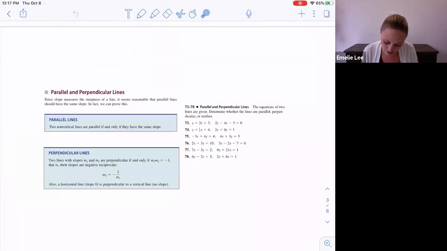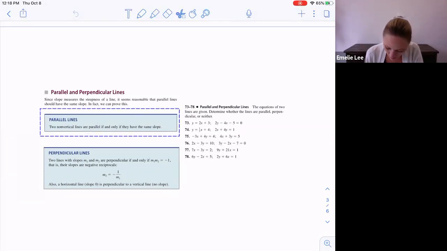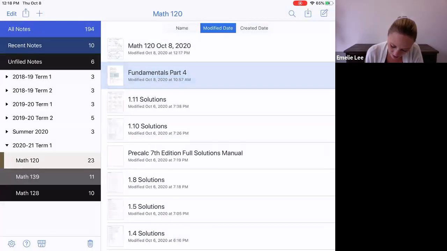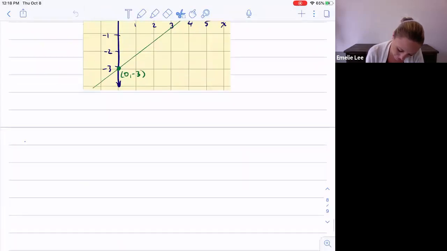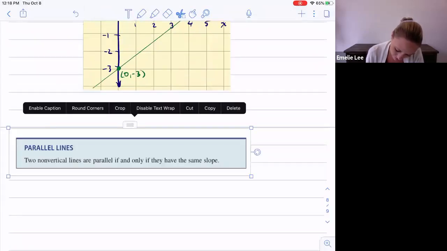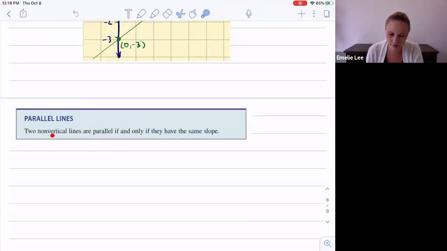parallel and perpendicular lines. So parallel lines are when you have two lines that go like this. So just by looking at them, the definition of a parallel line makes sense. It just says that two non-vertical lines, so let's just copy this in here. Two non-vertical, so that means they cannot be like this, right?